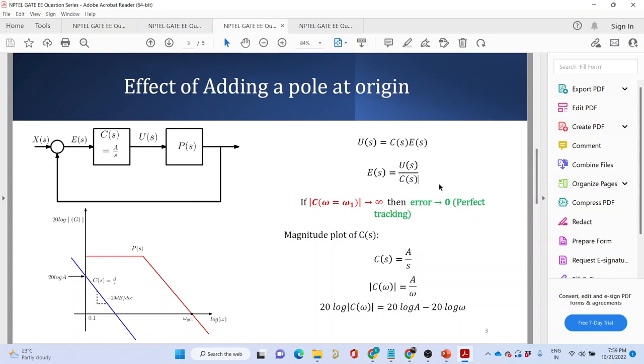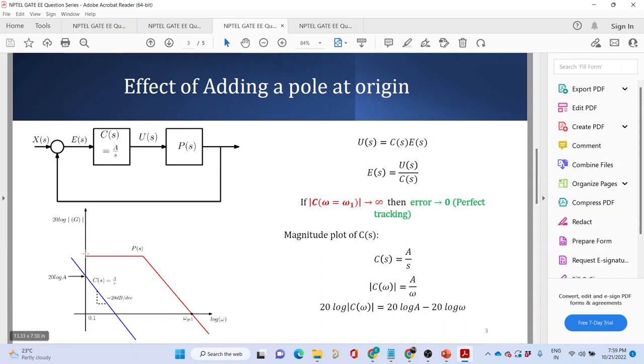Yes, sir. That is why we want the gain of the controller, or of any block we use as a controller, to be very high. If this gain is very high, then the error tends to 0.